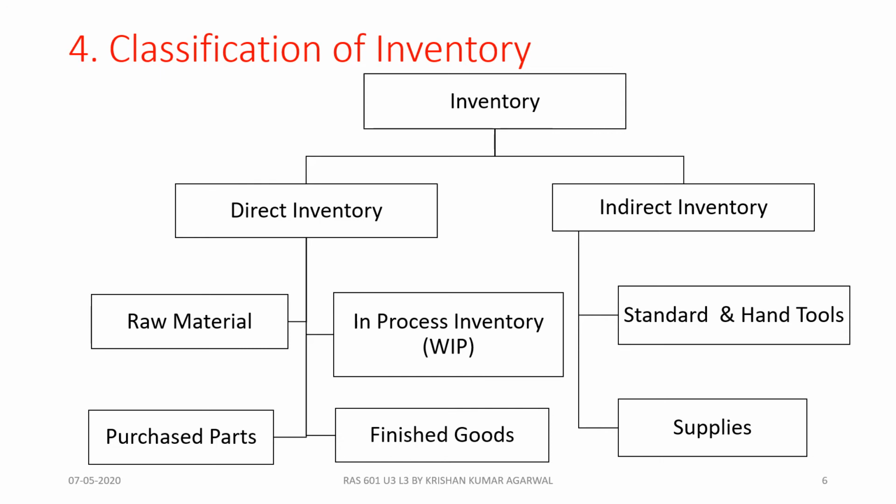Next, we'll discuss another kind of inventory, that is indirect inventory. Indirect inventory consists of the standard as well as hand tools that are required to process the goods. However, one can say that it's not the material which we can process. Yes, of course, it is not material, but it's the helping tool, and it also comes under the inventory.